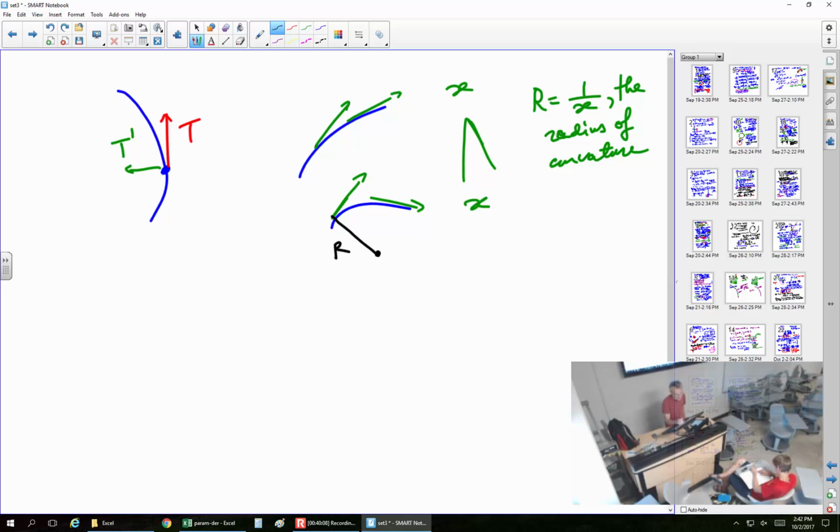I didn't do such a good job drawing it, but then my radius of curvature will be like that. It will nicely approximate my curve at that particular point. Naturally, you have a bunch of those points as you move on and on. This is R. In this one, you will go farther, and the circle will be bigger.